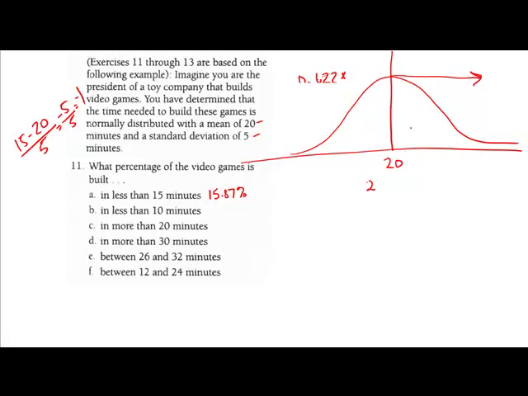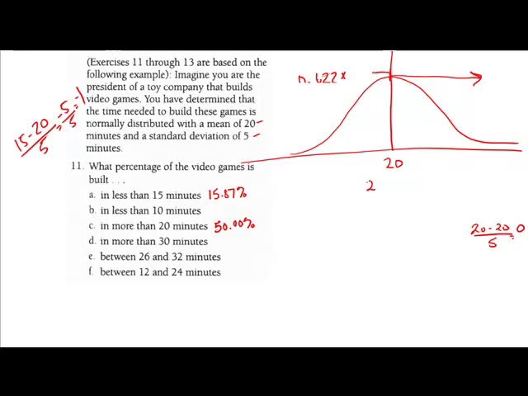How much area is in exactly half of my curve? 50%. Again, if you want me to do the math, I can. 20 minus 20 divided by 5, 0. Take a look at your z table for 0. Either a negative 0 or a positive 0. It tells you that it's half.